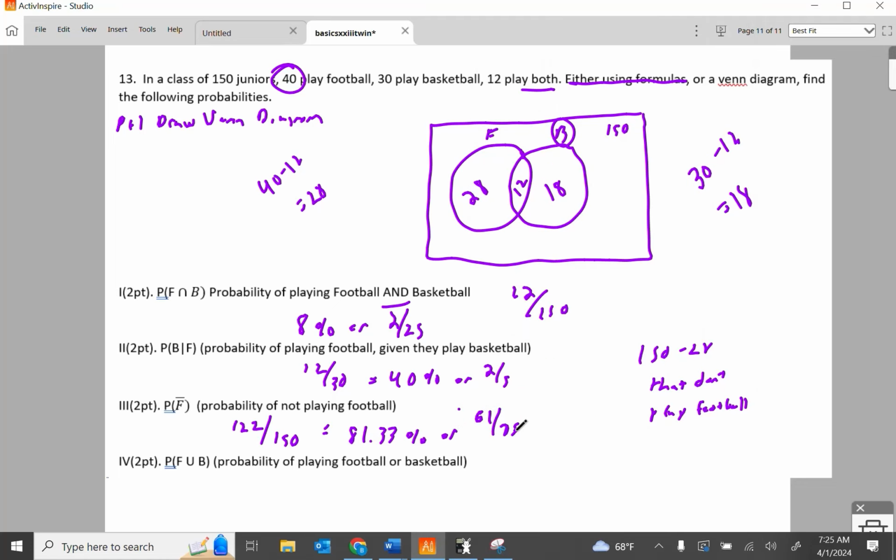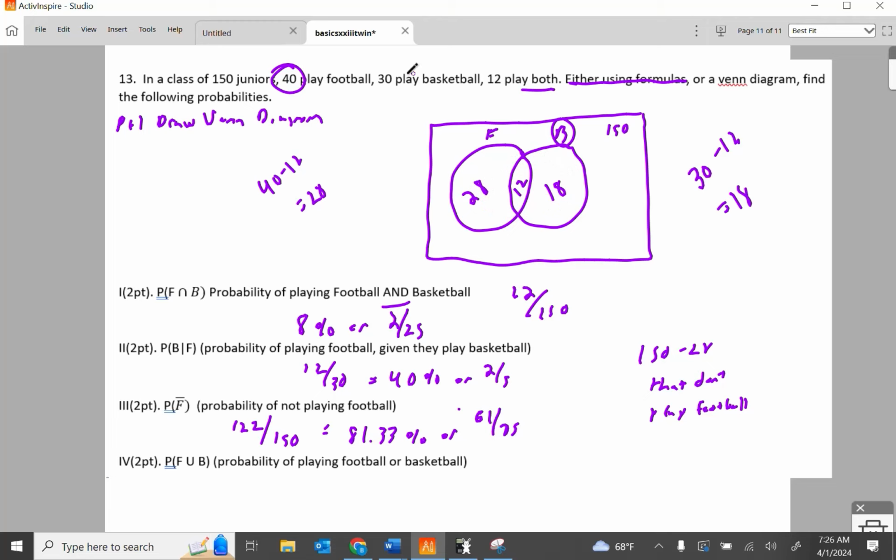All right. What is the probability of football or basketball? So we're going to take these three numbers right here and put them together. There are 58 kids. If you add these three things together, there are 58 kids that play football or basketball.